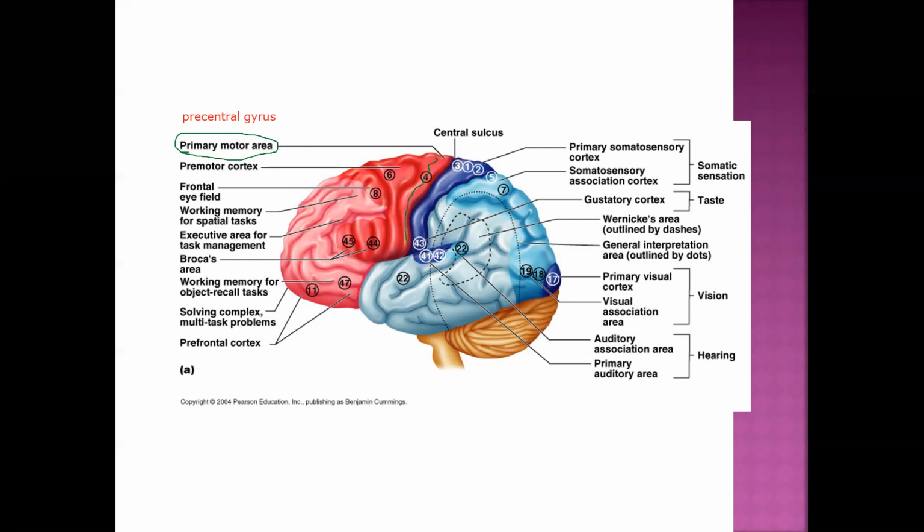Okay, the premotor cortex is this area right here. So this is, for lack of a better way to put it, where our muscle memory comes from. Now, you have to think, well, I thought muscle memory was in my muscle.